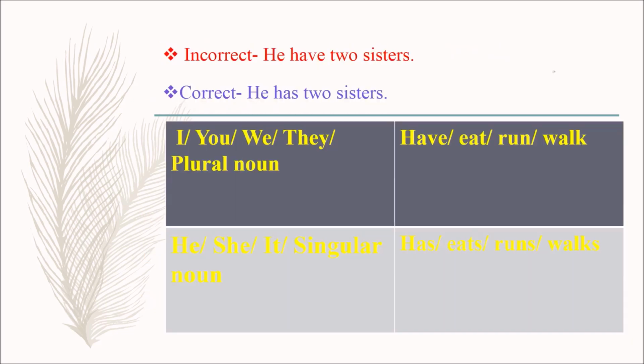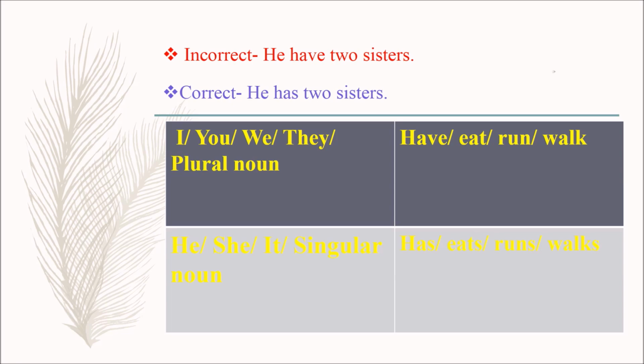Now look at the first sentence. He have 2 sisters. Is that a correct sentence? No. The correct sentence is he has 2 sisters. The rule is that if the subject is I, you, we, they or any other plural noun, then we use the verb in its present tense form and we don't add s to the verb.